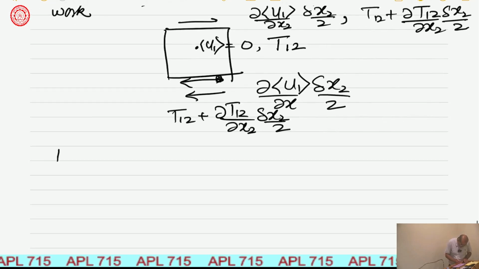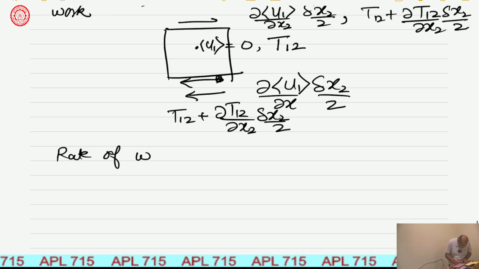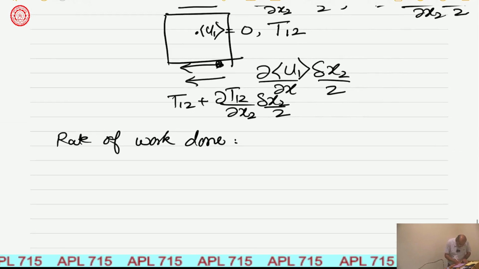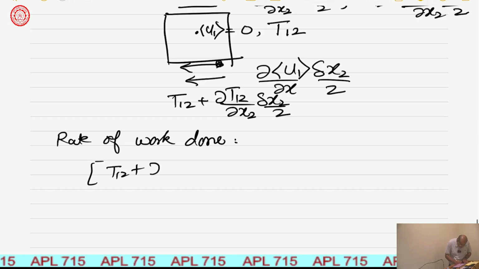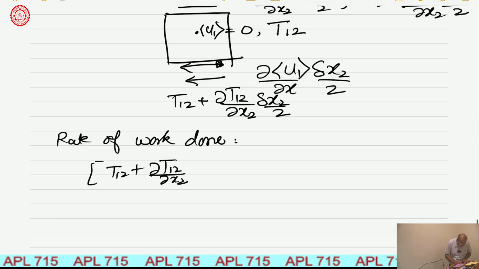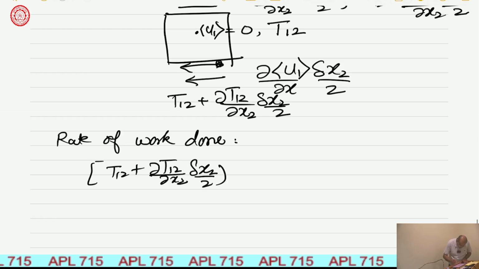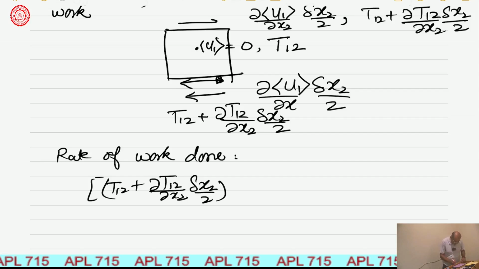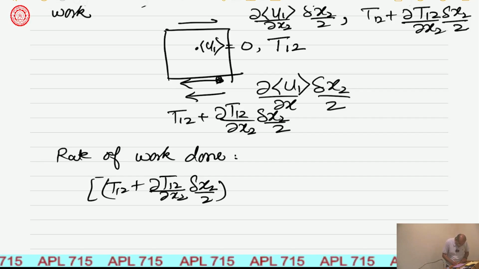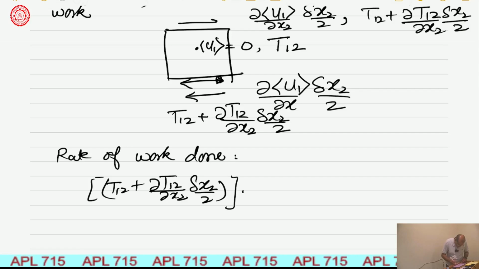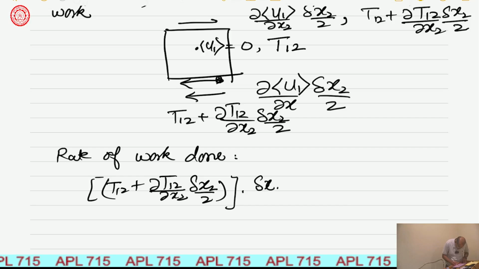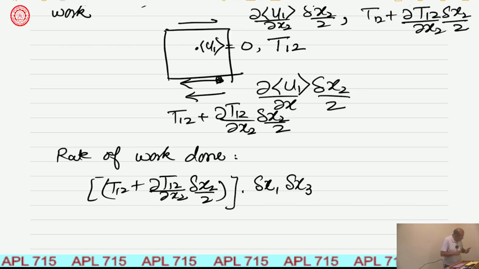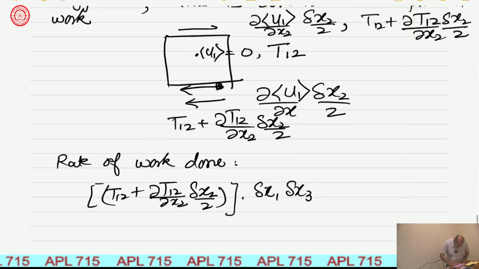So now when I calculate the rate of work done here, what I'm going to get is T12 plus partial T12 by partial x2 times, this is the shear stress multiplied by delta x1 delta x3 and multiplied by the velocity.